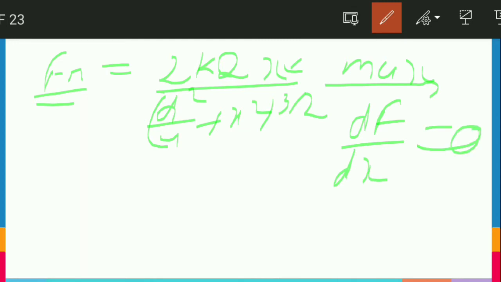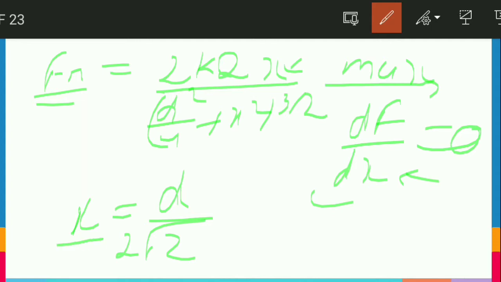Following the same thing, you will get x equals d upon 2 root 2. To save time I have not made this calculation, but it is easy, believe me friends. When you differentiate it and make it 0, you will get x.